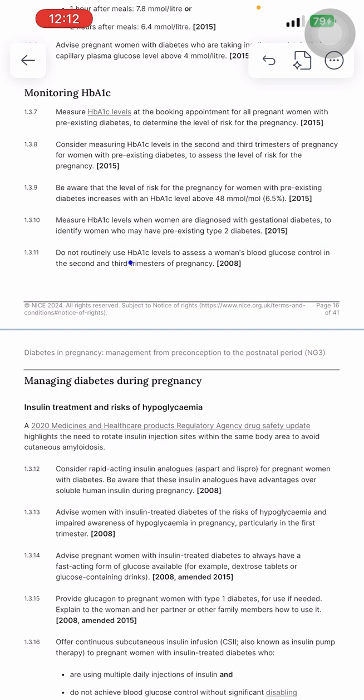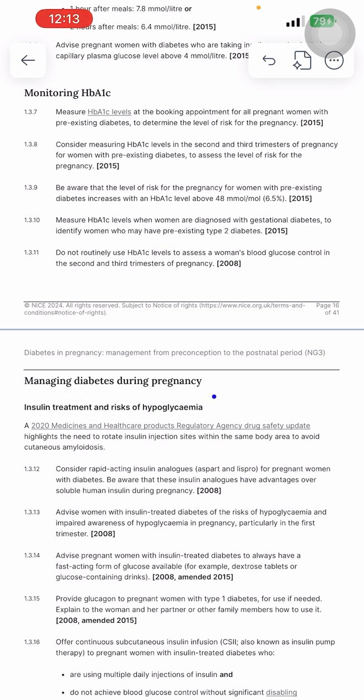Do not routinely use HbA1c level to assess a woman's blood glucose control in the second and third trimester of pregnancy. Usually it is considered in cases with pre-existing diabetes, but routinely you will not offer HbA1c in the second and third trimester of pregnancy.